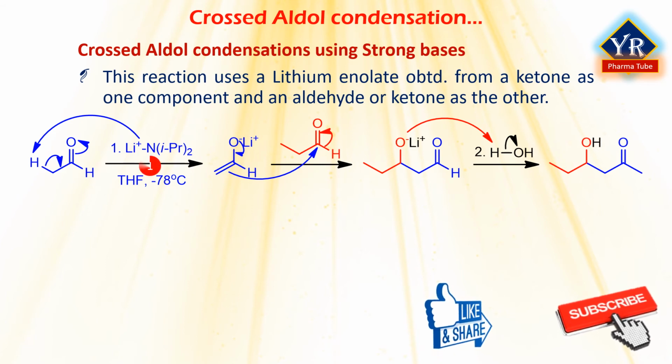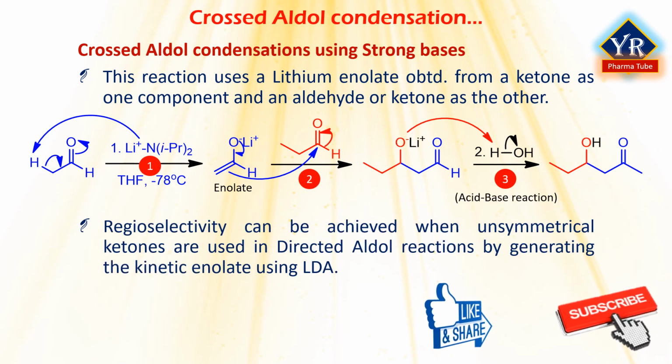In the first step, the ketone is added to LDA, which is a strong base that removes an alpha hydrogen from the ketone to produce an enolate. In the second step, the aldehyde is added and the enolate reacts with the aldehyde at its carbonyl carbon. The third step is an acid-base reaction that occurs when water is added at the end, protonating the lithium alkoxide.